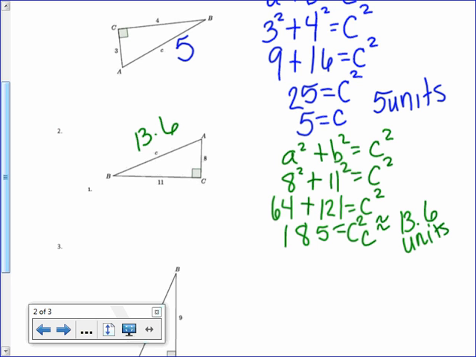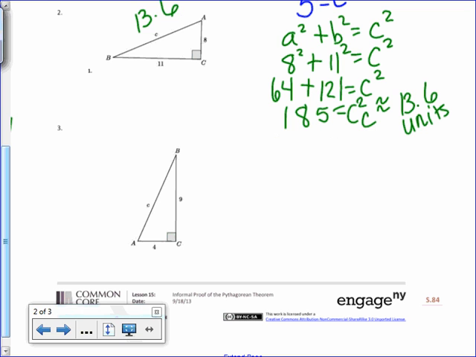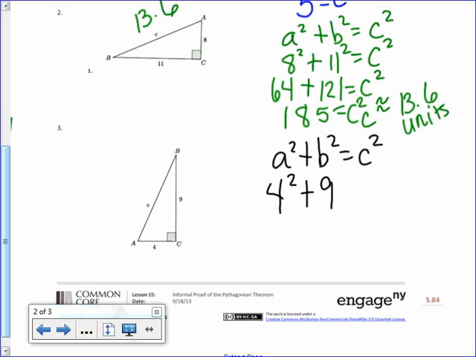Okay, last one we're going to do together, then you'll have 2 more to do independently. Okay, again, we're using the Pythagorean theorem. So A squared plus B squared equals C squared. Substituting 4 in for A, so 4 squared, plus 9 in for B, so 9 squared, equals C squared. 4 squared is 16, plus 9 squared is 81.